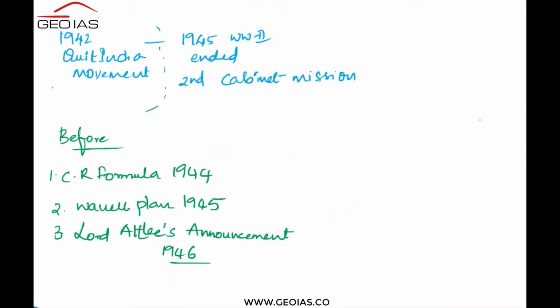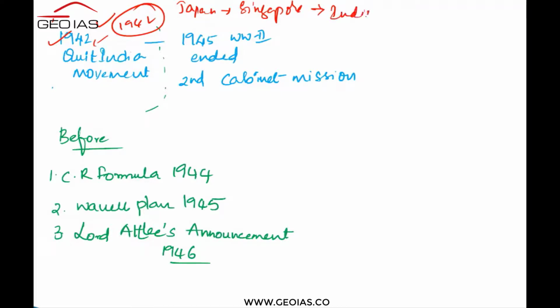And before this, in 1942, Gandhi started the Quit India movement. In the starting phase of 1942, Japan had completed occupying Singapore and was heading towards India. Even the Britishers were very weak at that time. So Gandhiji thought that Japan, being an Asian force, would surely defeat the Britishers and occupy India.